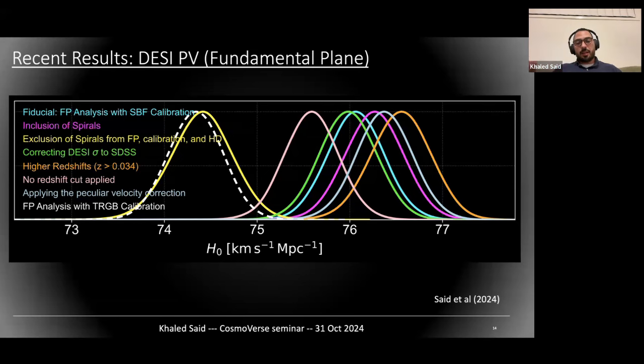But if we take SDSS as the reality, then our Coma calibration will be biased, and SDSS is the correct one because Coma is a very rich cluster, and that means our measurement of H naught is already biased low.